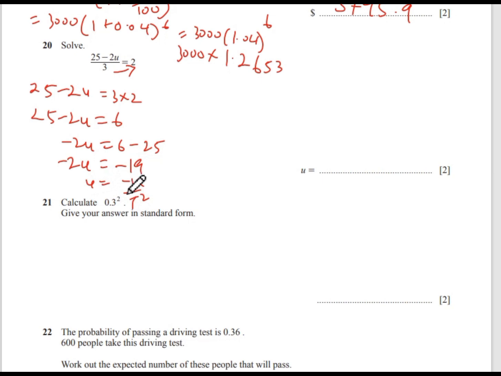The negatives cancel out, so u equals 19 divided by 2, u equals 9.5.